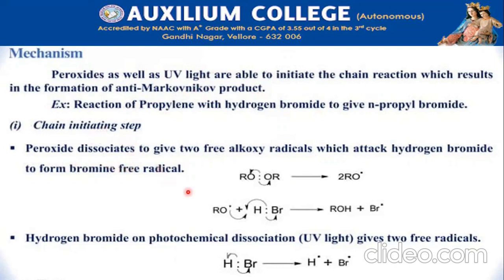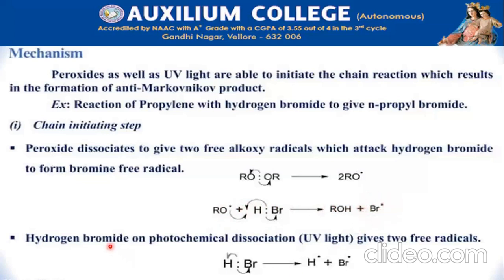Here you can see the peroxide ROOR, which dissociates to give two free alkoxy radicals, which attack hydrogen bromide to form a bromine free radical. Here RO dot is treated with HBr, and the pair of electrons is added to RO dot to form ROH plus Br dot. So this forms a free radical Br dot.